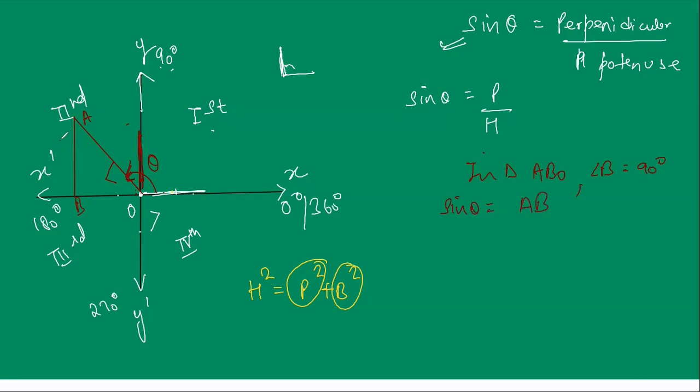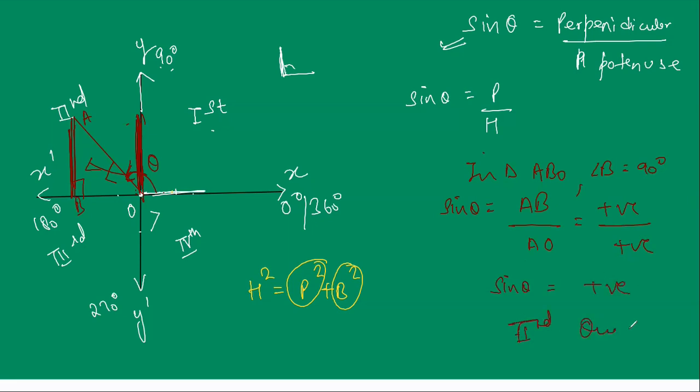In the second quadrant, the front side of the angle theta is AB, and the hypotenuse is the slopey side, that is AO. AB is parallel to this line, and this part is coming on the positive y-axis. So AB is positive and hypotenuse is always positive. So sine function is positive in the second quadrant.